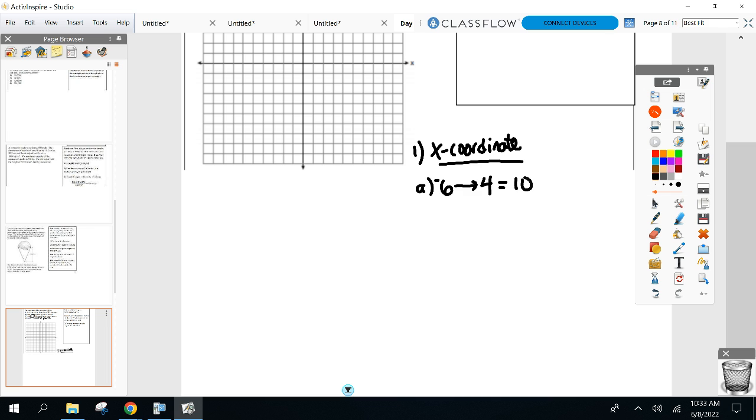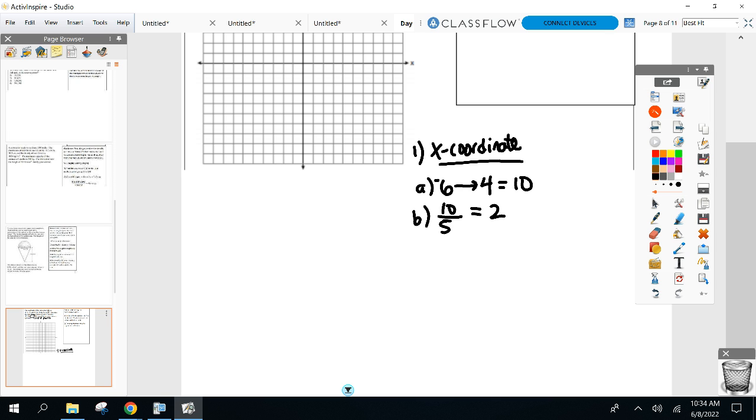10 units total. So this line segment on the x-axis is 10 units total. You guys just told me you need to divide it up into how many equal parts? Okay, so divide that distance by 5. And I'm going to end up with 2, which means start at A, go 2 units, you've broken it up.